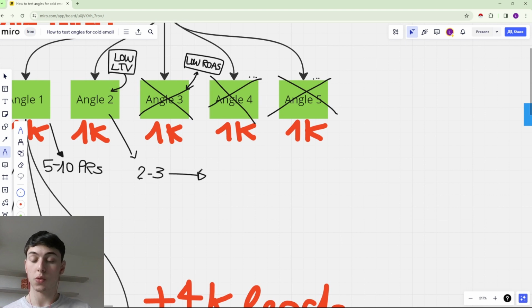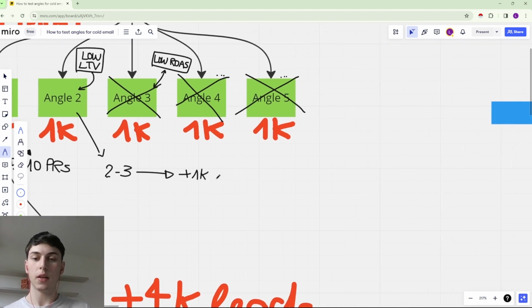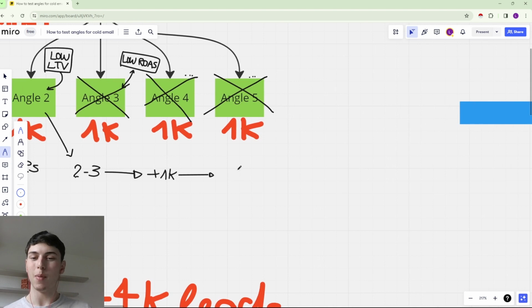You might want to scale this angle because you're not certain if that angle can get more positive replies or fewer. So let's say you add another 1,000 leads to it, and then you see how the other 1,000 leads reacted to the same angle, and maybe you get 4 to 5 positive replies out of 2,000 leads.